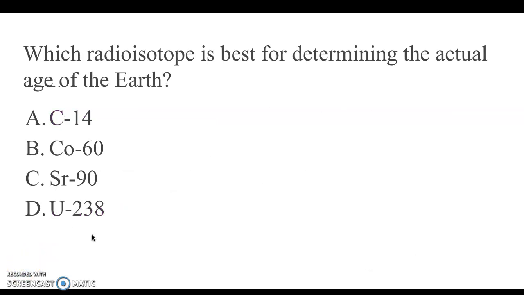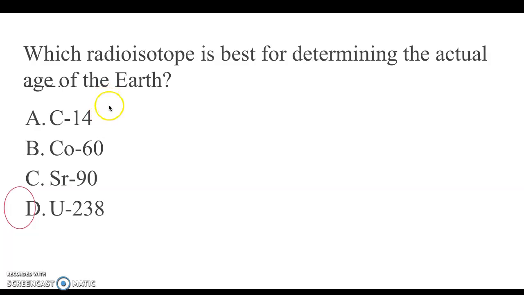Here's a practice question. Which radioisotope is best used to determine the actual age of the Earth? There's a couple ways to approach this question. Like we just talked about, carbon-14 and uranium-238 are used for dating material. The planet Earth is mostly rock, so the best choice here is going to be answer D, uranium-238.